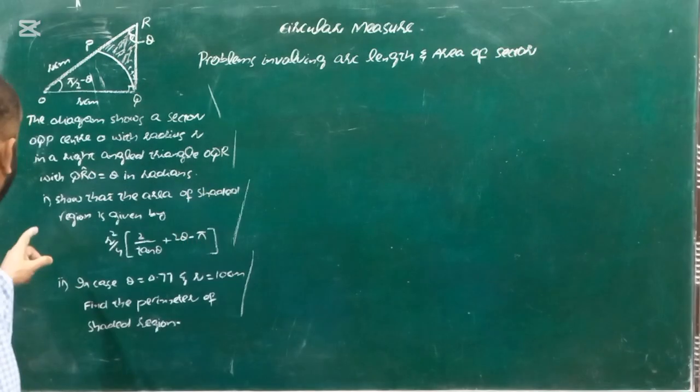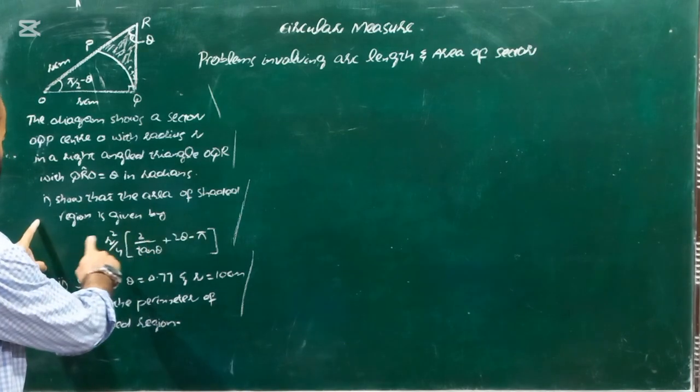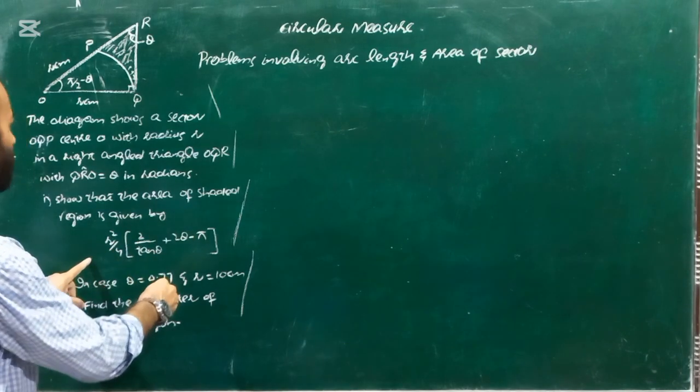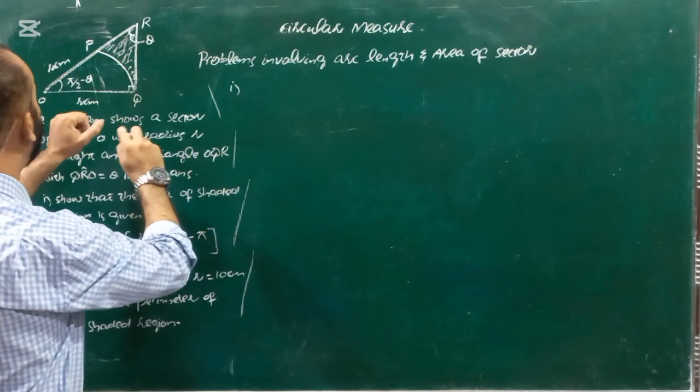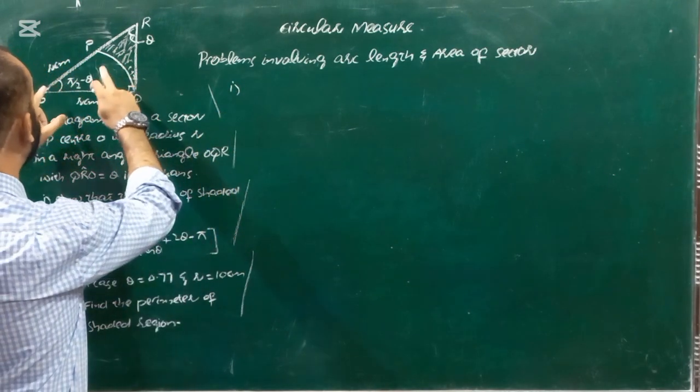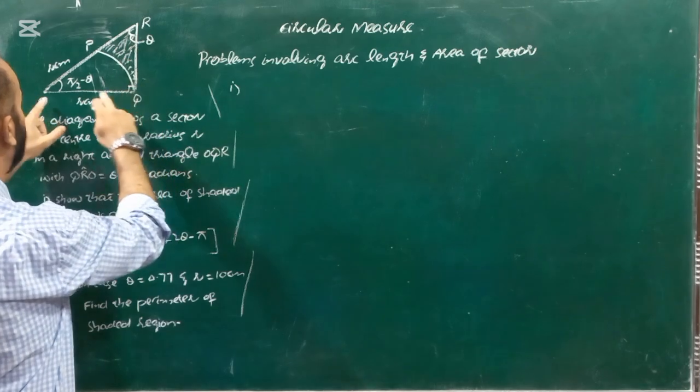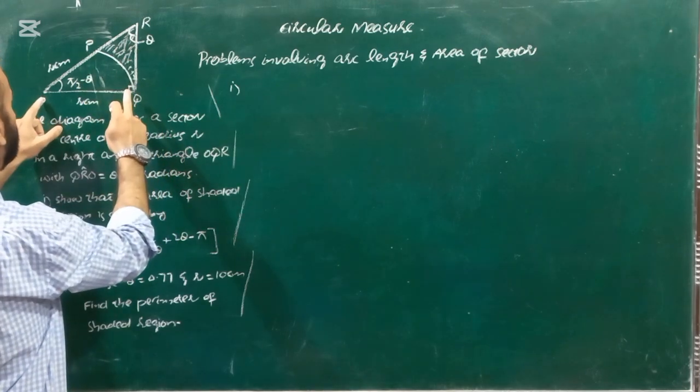Okay. The first part is show that the area of the shaded region is given by r square over this one. So the shaded region is required, so that will be equal to area of triangle minus area of sector.